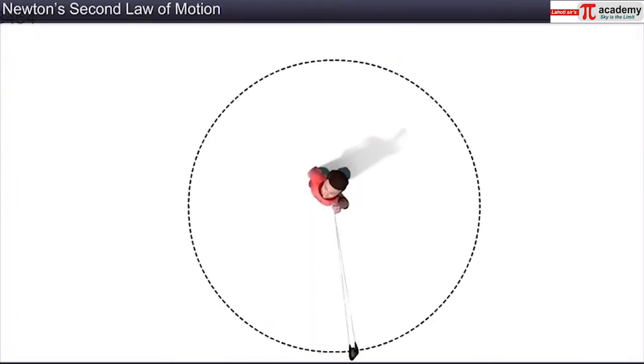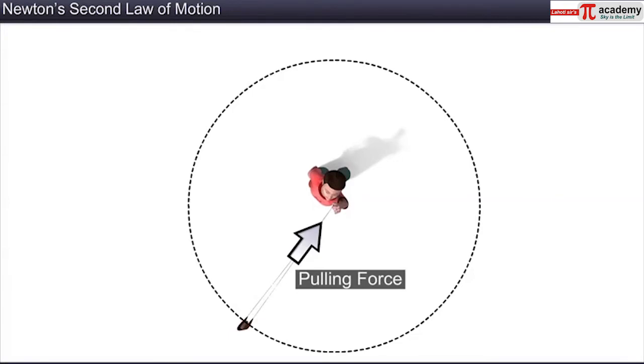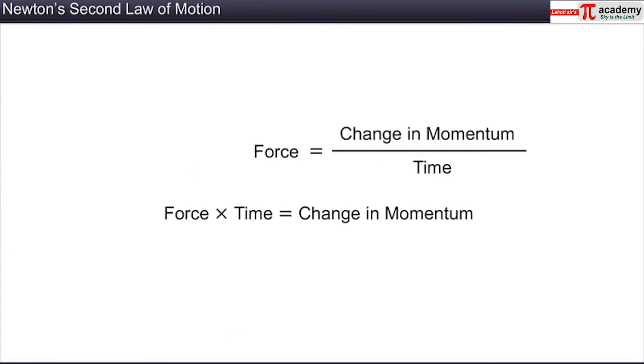The magnitude of the linear velocity of the stone remains constant, but its direction changes continuously. To sustain this kind of motion, we have to continuously apply a pulling force on the thread. From these examples, we have understood that a force has to be applied on a body for some length of time, during which a change in momentum is taking place.